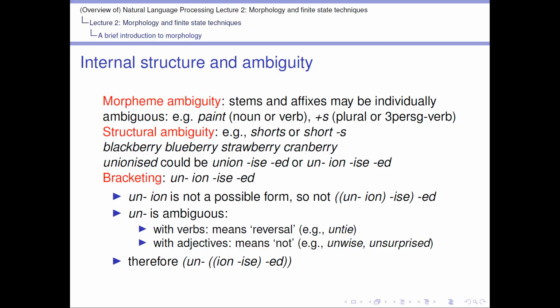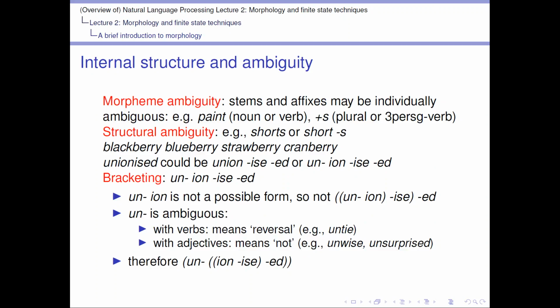Now, for those of you who can stretch your minds back to the formal models, the fact that we've got brackets in here is going to tell us something about the way we might want to model these things, right? So if you remember, when we looked at regular languages and finite state machines, we always ended up with a structure which only gave us a left branching or right branching tree.